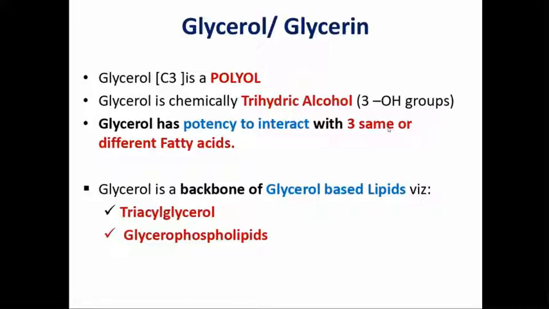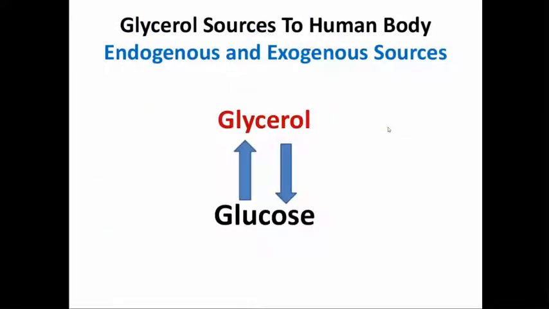Now, when you see glycerol, it has carbon number 3, and it is a polyol, which is rich in OH. Glycerol is the backbone of triacylglycerol and glycerophospholipids. We can get glycerol endogenously or exogenously.